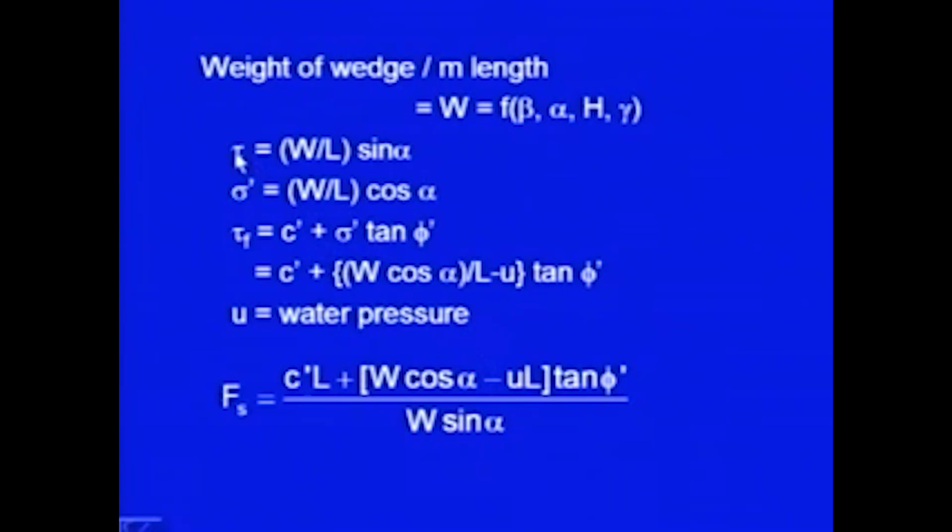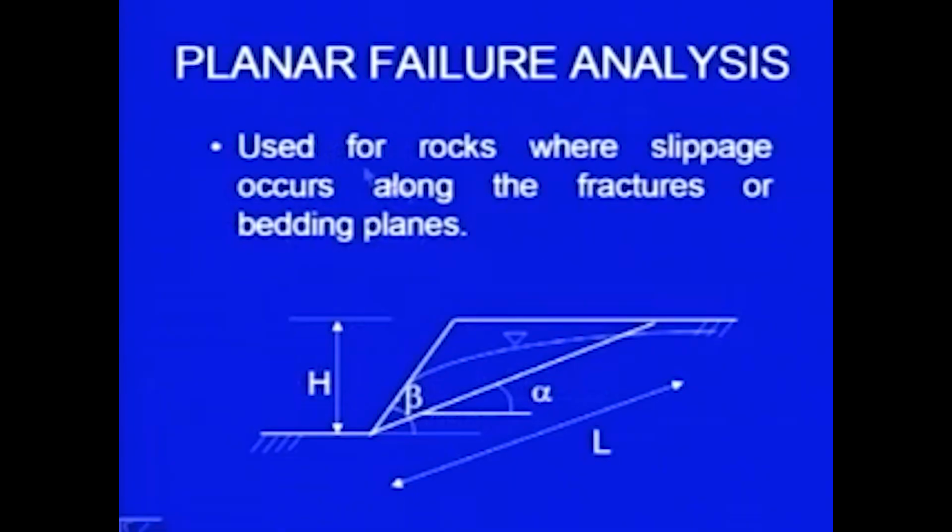So, the sliding component in terms of shear stress will be W sin alpha, and L is the length of this particular plane, and perpendicular we are taking 1. So, this area becomes L into 1.